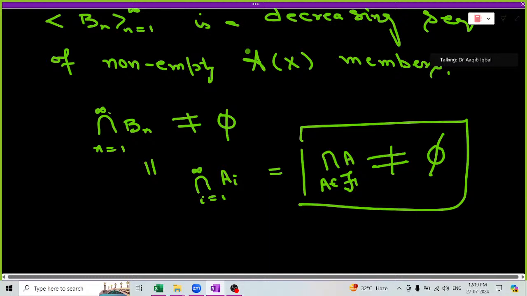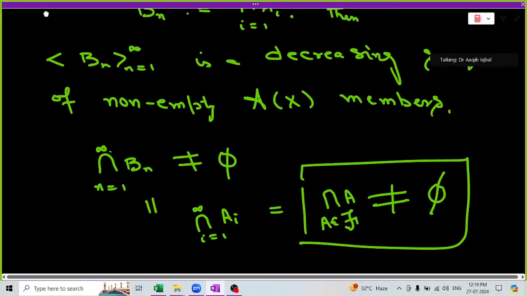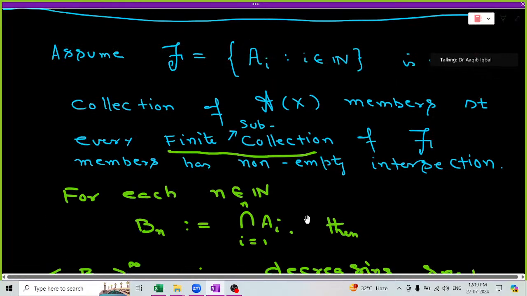So under this assumption, जिसको हमने compactness नाम दिया, you can show that every collection, यहाँ तो मैं countable ले रहा हूँ, but you can actually extend the arguments to the arbitrary collections also.